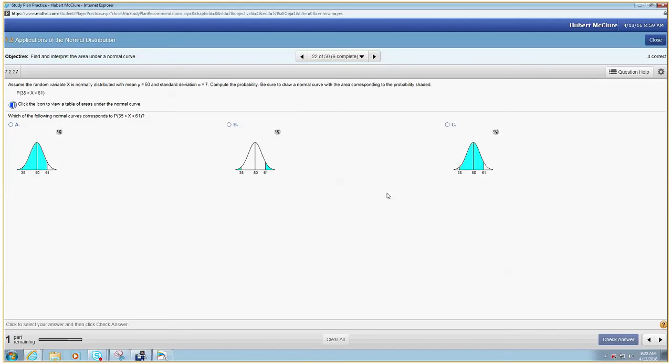Would you say the test score was between 35 and 61? Need to move before you can see the screen.